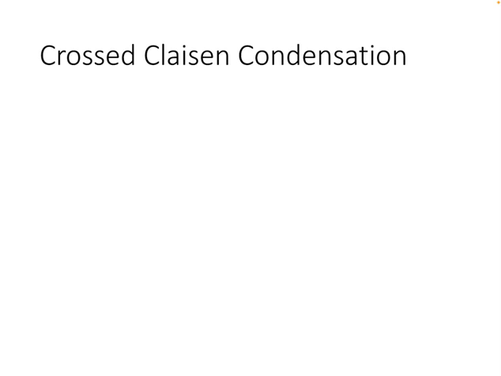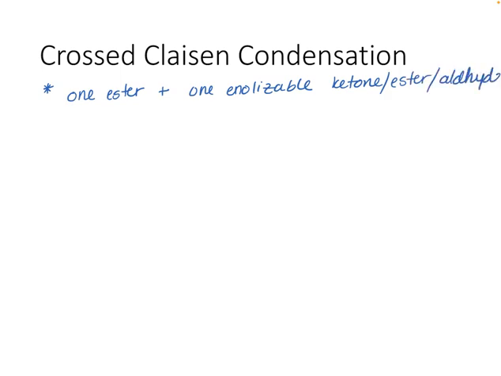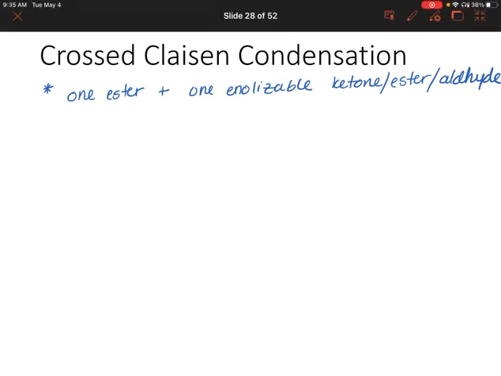So this is going to involve combining one ester with one enolizable ketone or ester or aldehyde. Oh, I misspelled aldehyde, but you know what I mean. So let's look at an example.